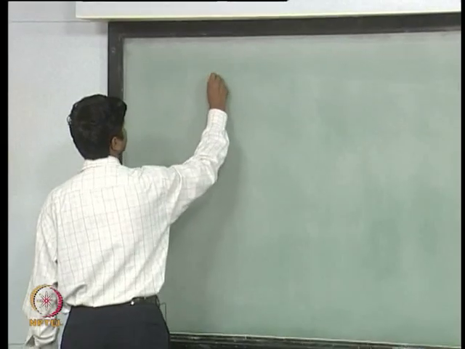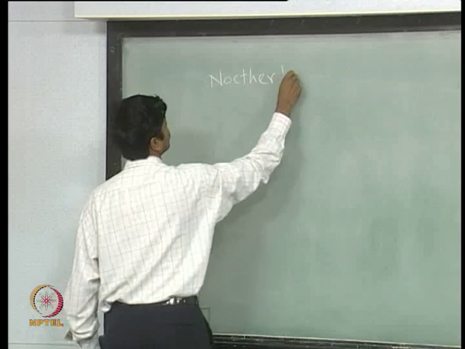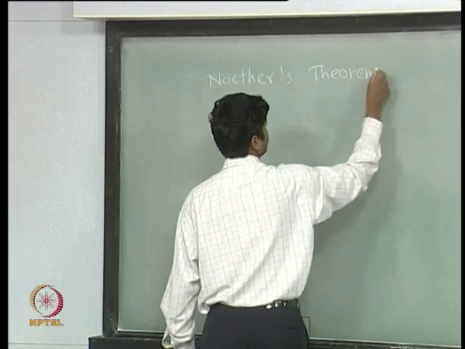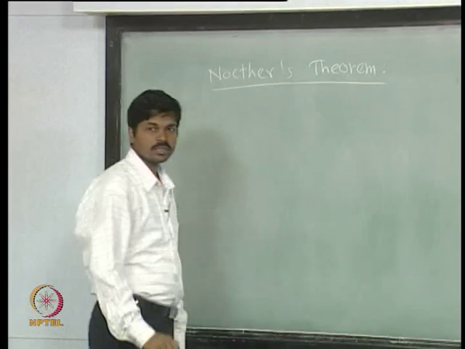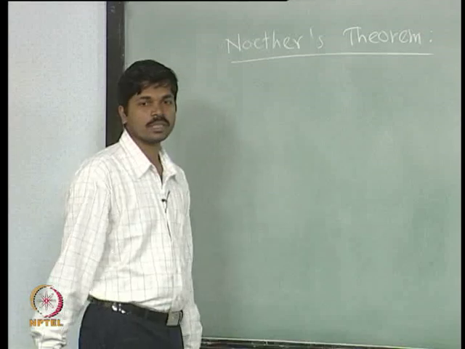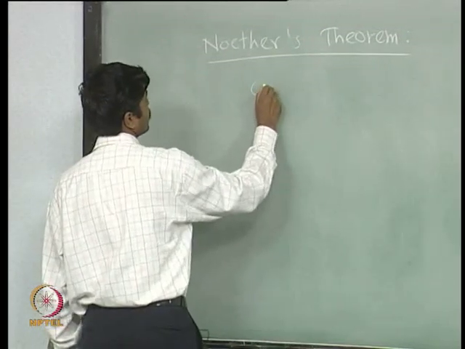Okay, so in the last lecture we were discussing Noether's theorem, which basically states that whenever we have a continuous symmetry under which the theory is invariant, you have a corresponding conserved quantity.